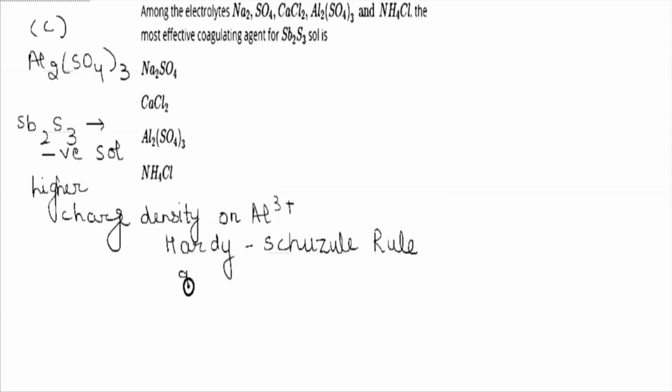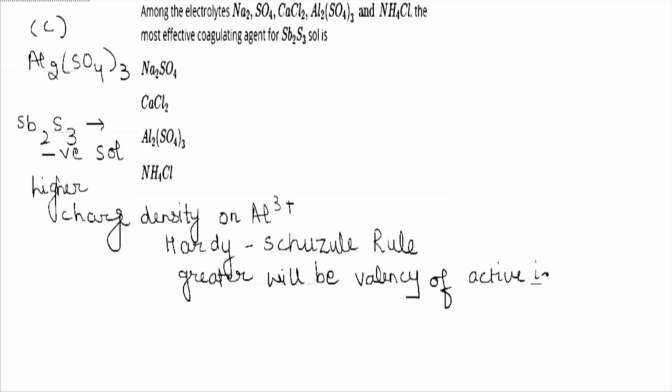So here, the greater the valency of the coagulating agent, that is the active ion, the greater will be the coagulating power, right?